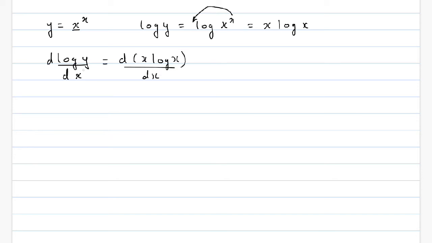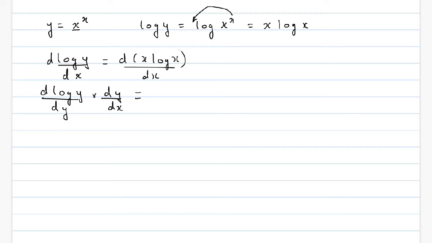Now I cannot differentiate a function of y with respect to x directly. I should differentiate with respect to y. So I will have here differentiation of log of y with respect to y into dy by dx. This is what we are trying to find, so I have multiplied and divided by dy.